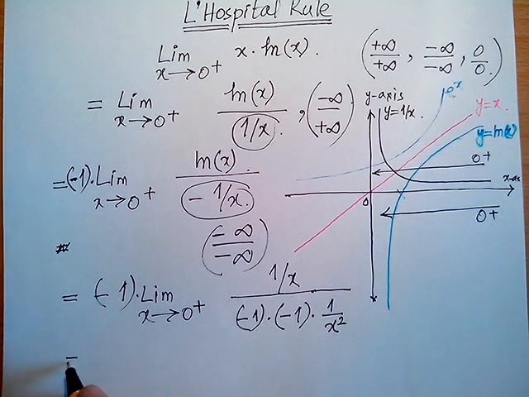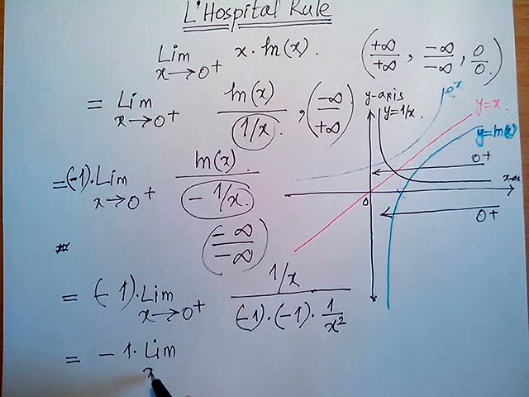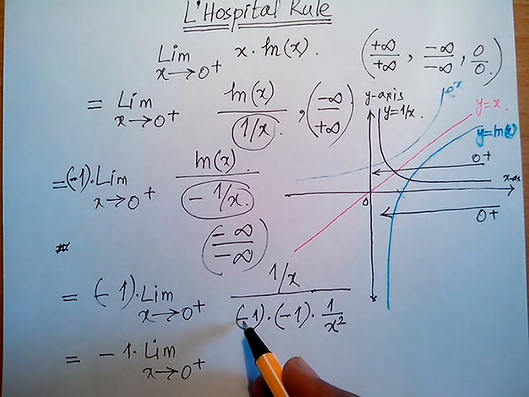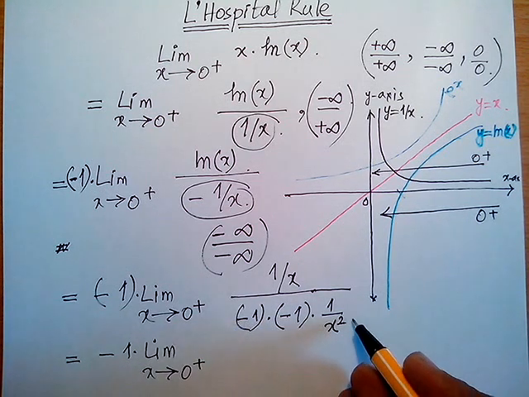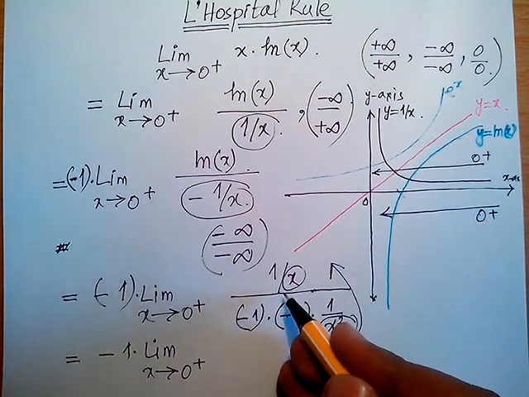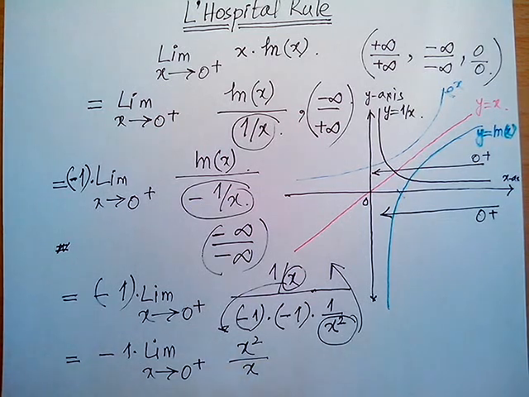So we simplify this limit: this minus is multiplying by this minus, so it is positive. This denominator goes up and this denominator goes down, so this is going to be x squared divided by x.